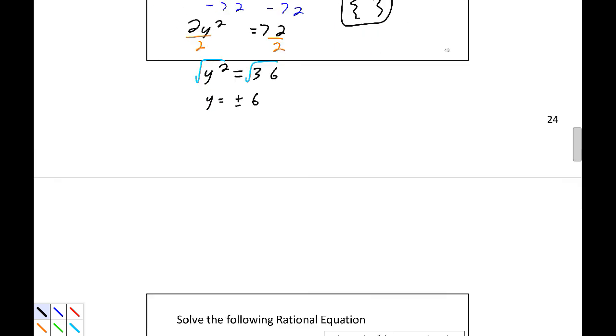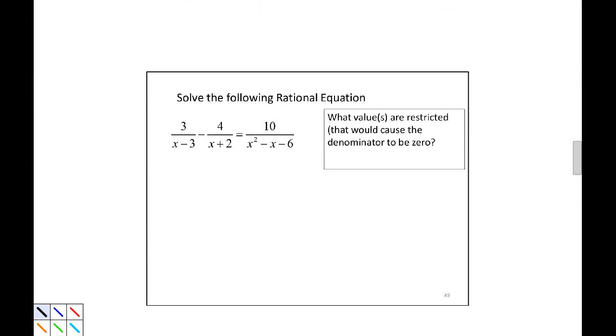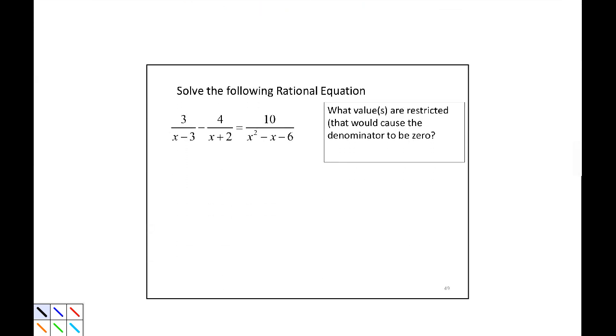All right, for our last example, we again need to factor. Let's factor this expression on the right, and that would be x minus 3, x plus 2. Yes, that works. All right, so I'm going to cut that out.